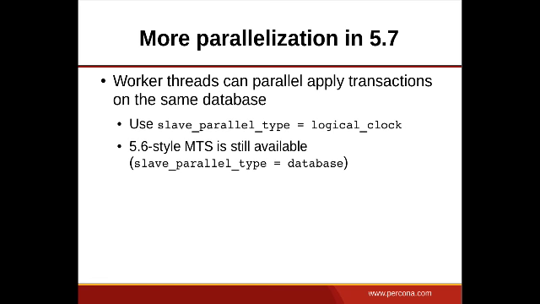So if we set slave_parallel_type equals LOGICAL_CLOCK in 5.7, we will be able to use that new kind of multi-threaded replication on the slave. If you're happy with the multi-threaded replication per database, you can still use it on 5.7. Simply set slave_parallel_type equals DATABASE, which is the default.